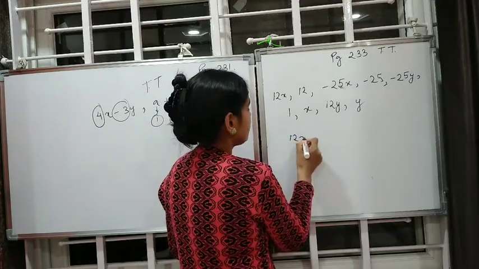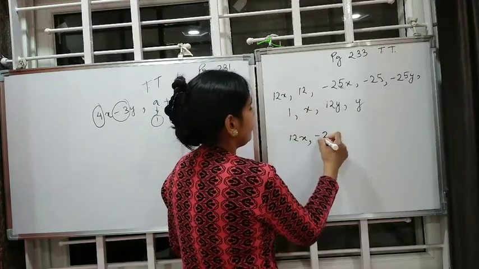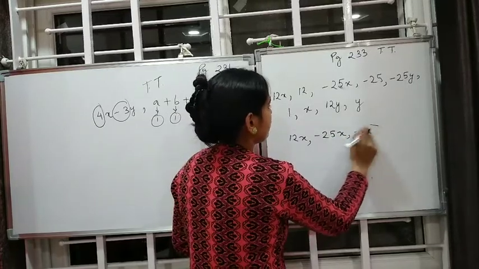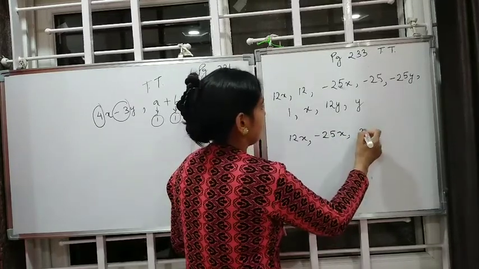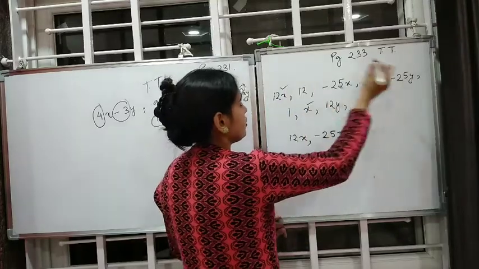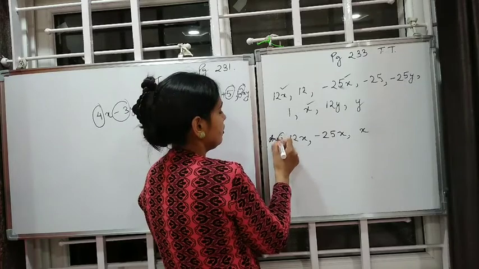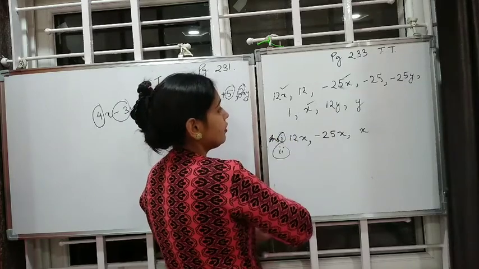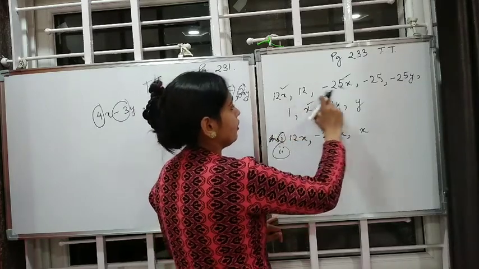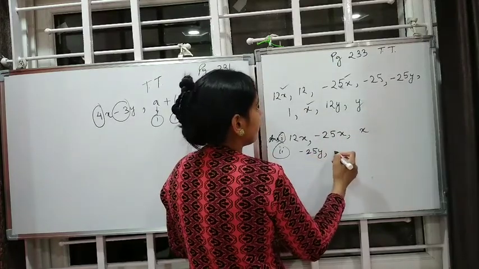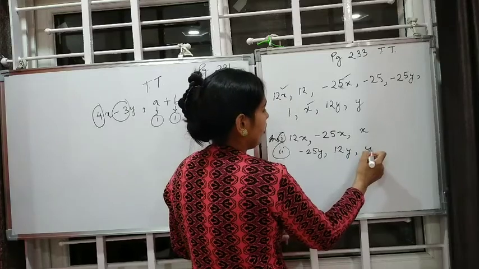So 12x, minus 25x, and x. So this and this. Okay, so this is one set, and the second set with y: minus 25y, 12y and y.